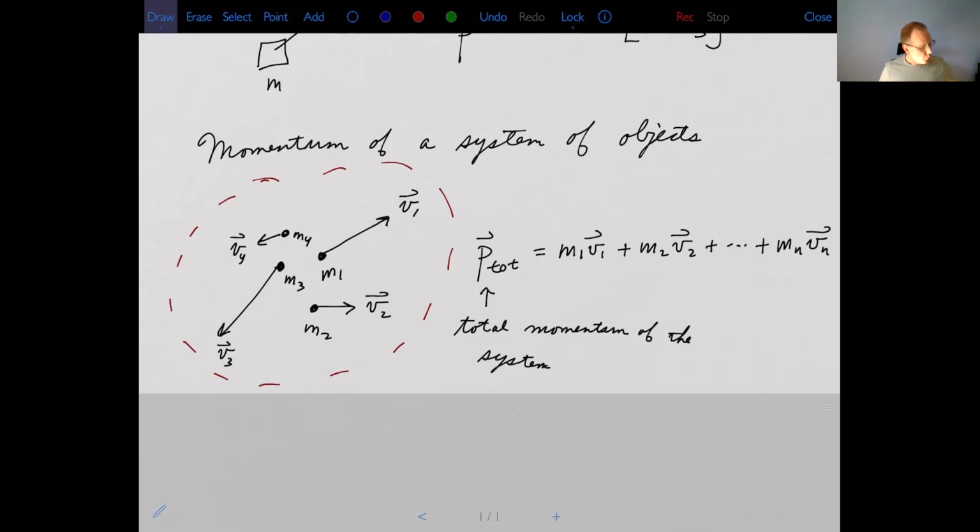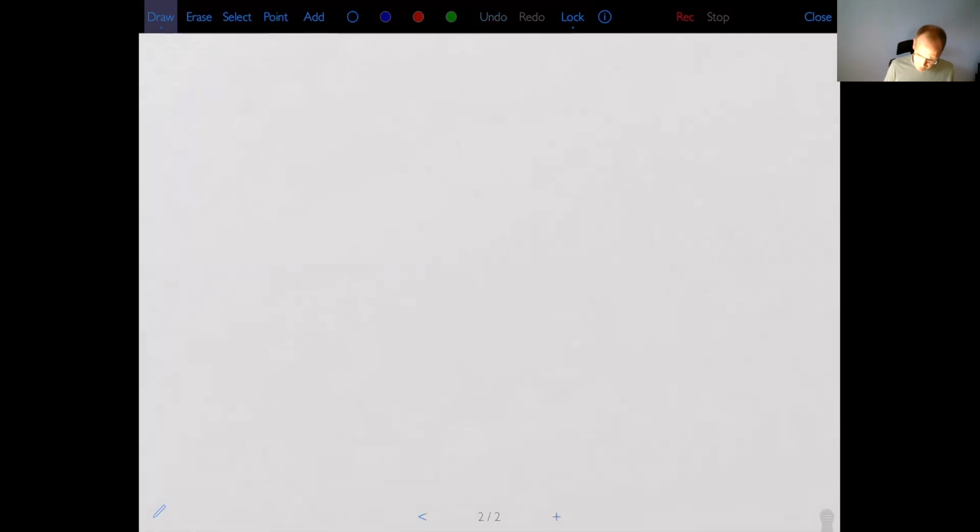Now what about this idea of conservation of total momentum? Well, this actually comes from Newton's second law. Okay, so let me jump to a new page here. First, let me write Newton's second law for a system because it's a little bit different.